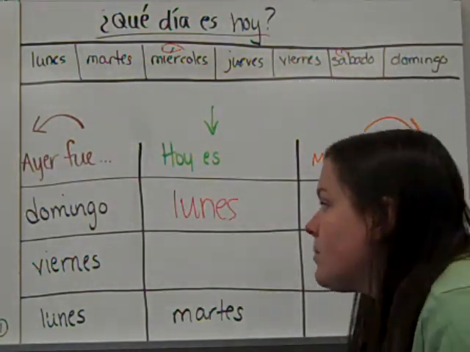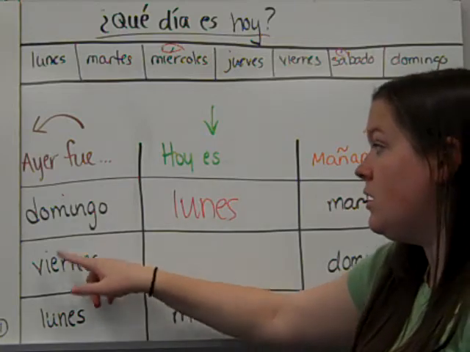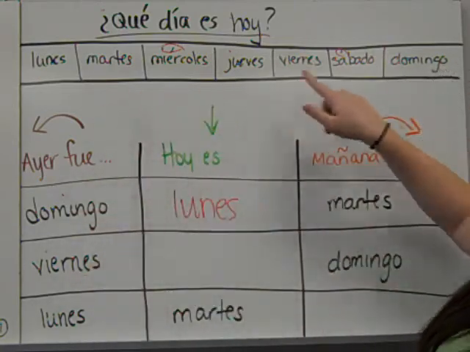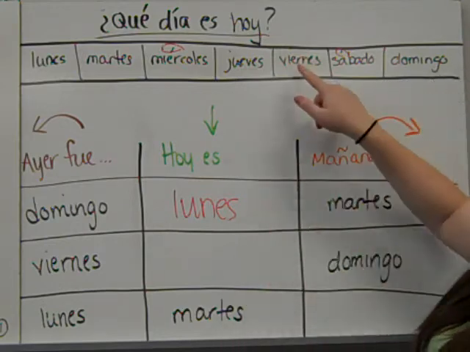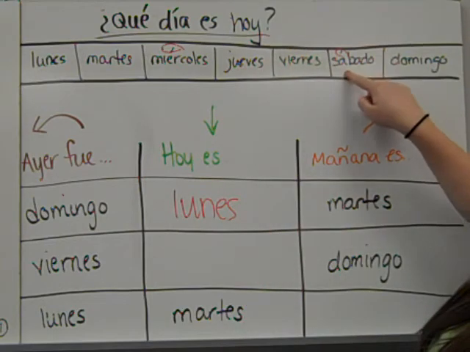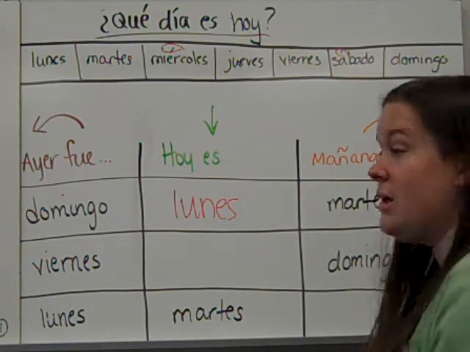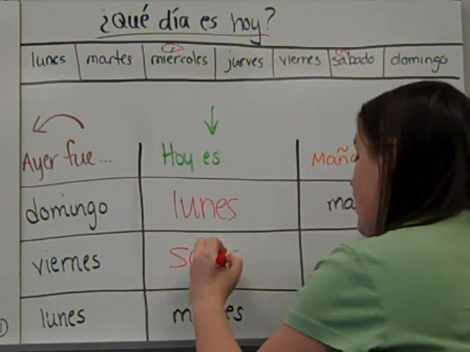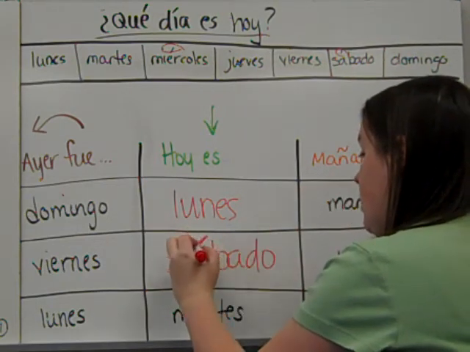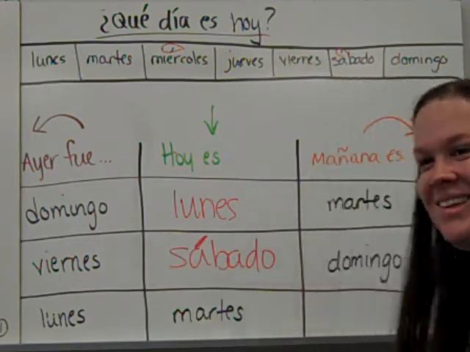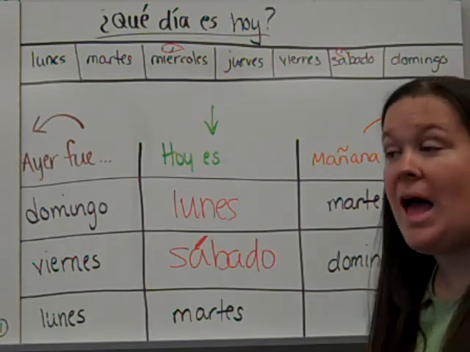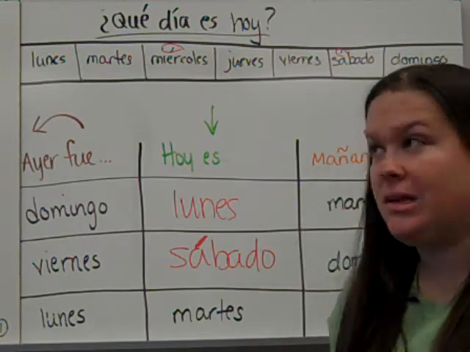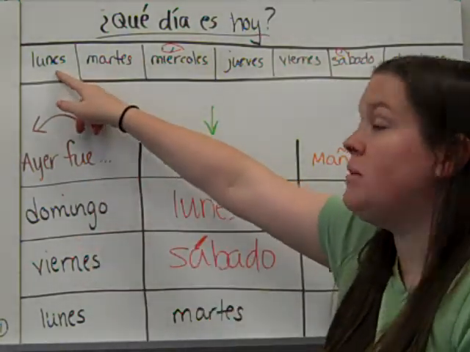So you're right. Next one, ayer fue viernes. That is going to say yesterday was Friday. So if we want to go forward, today is going to be Saturday, sábado. Remember your accent. And the last one. Ayer fue lunes. So lunes, beginning of the week.